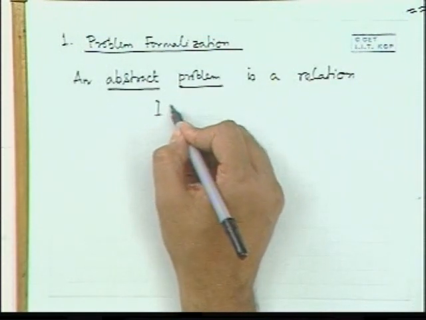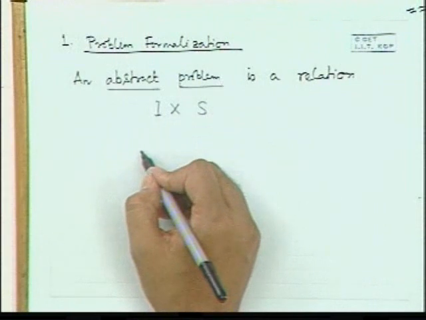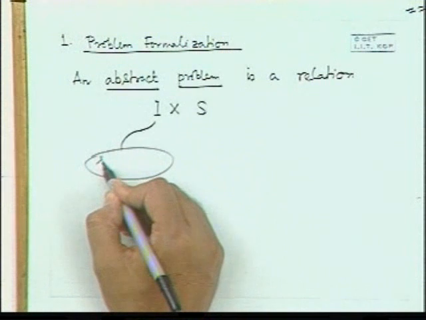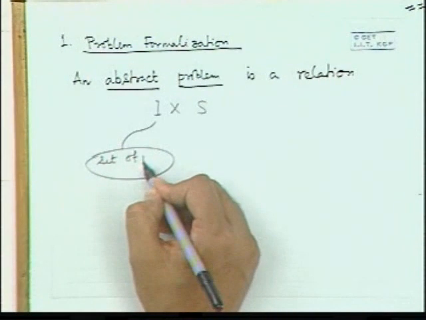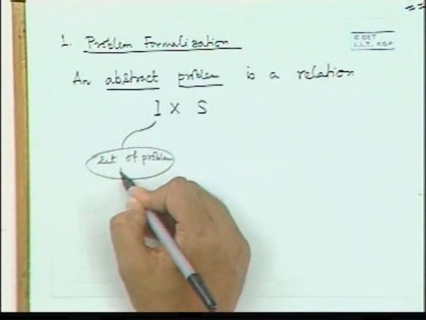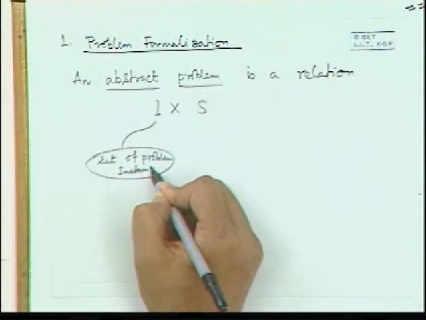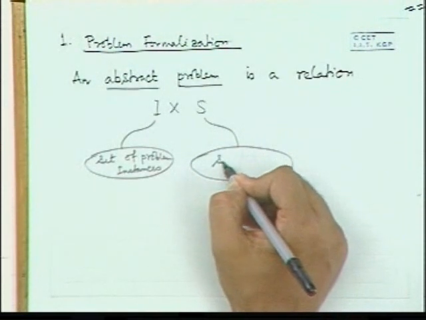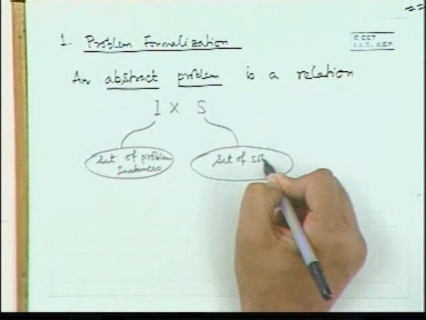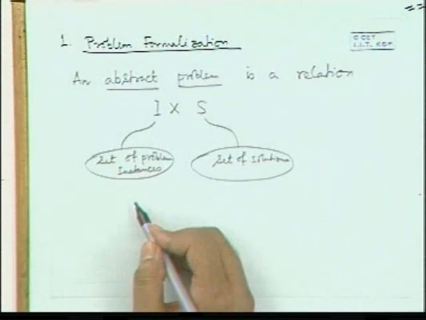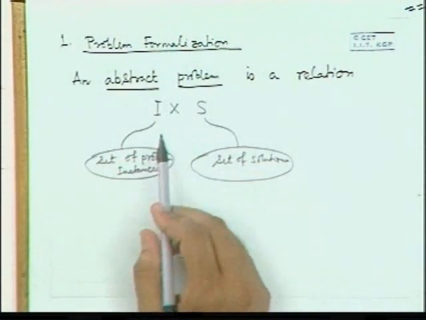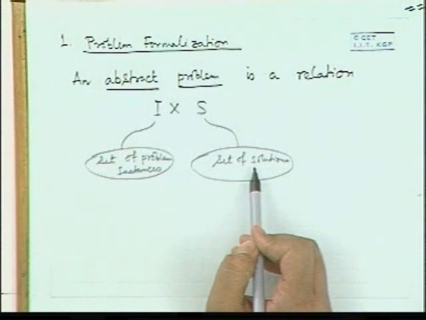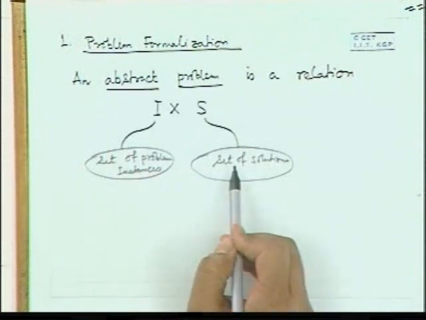It is I cross S, where I denotes the set of problem instances and S denotes the set of solutions. So an abstract problem is nothing but a relation between the instances of the problem and the corresponding solutions.